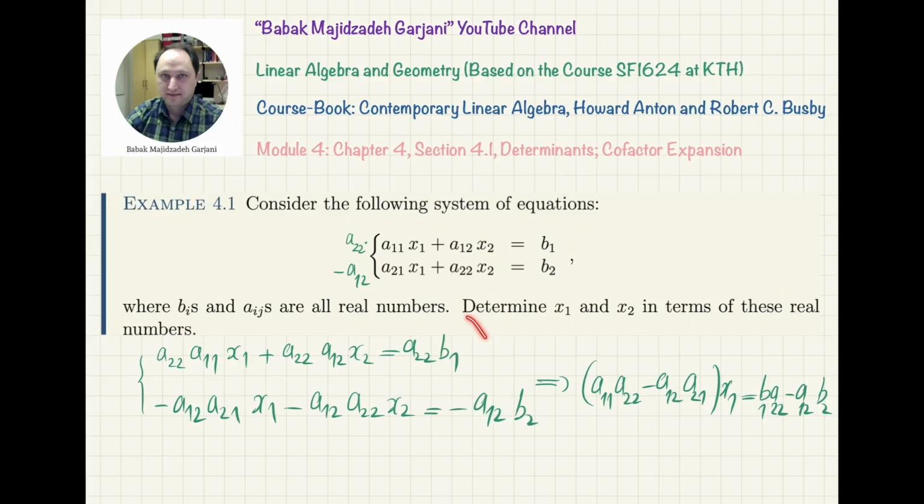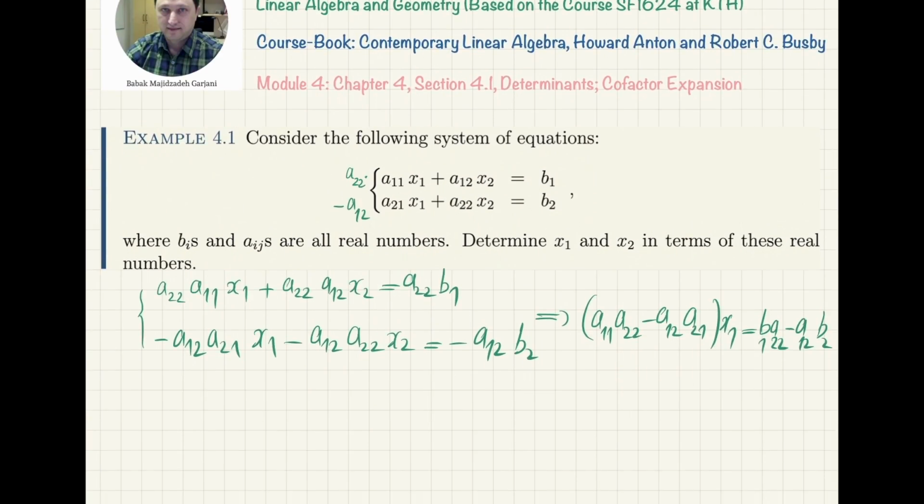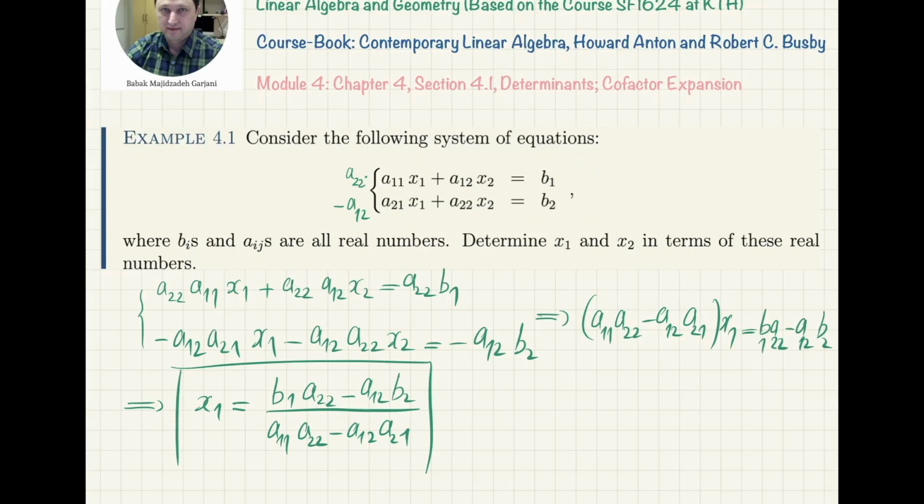Now, if this coefficient is non-zero, I can safely divide both sides by it. So x1 becomes equal to b1 a22 minus a12 b2, with the denominator a11 a22 minus a12 a21. This is what I get by algebraically solving the equation.